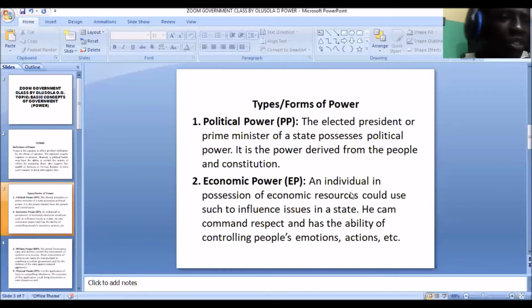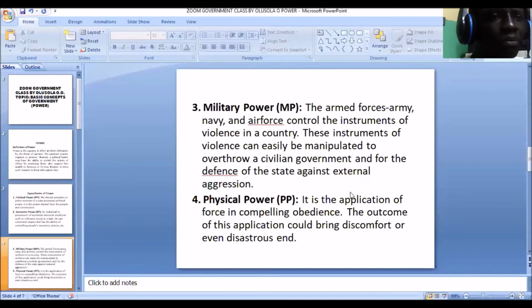So the next, let us look at military power. When we talk of military power, it is synonymous with shutdown power. That is power held by people who are at the corridor of the instrument of violence, people that have guns.